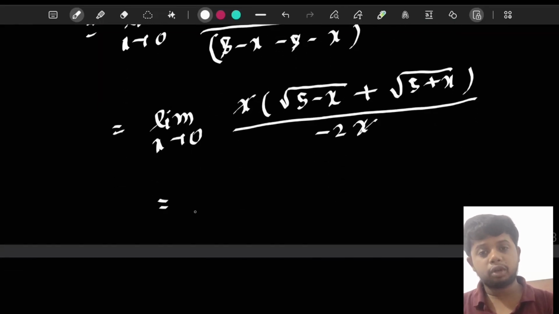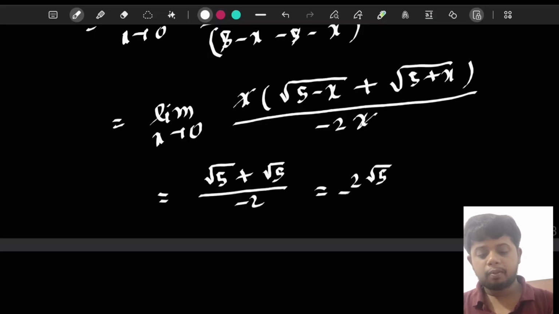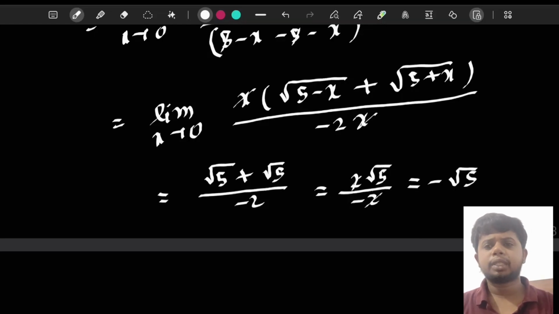That means now we can put the values, because 0 by 0 is indeterminate. Other values are not indeterminate. So what do we get here? Under root 5 plus under root 5 by minus 2, that means 2 under root 5 by minus 2. The 2 cancel. I am getting the answer minus under root 5. Correct? You'll say yes sir, understood.